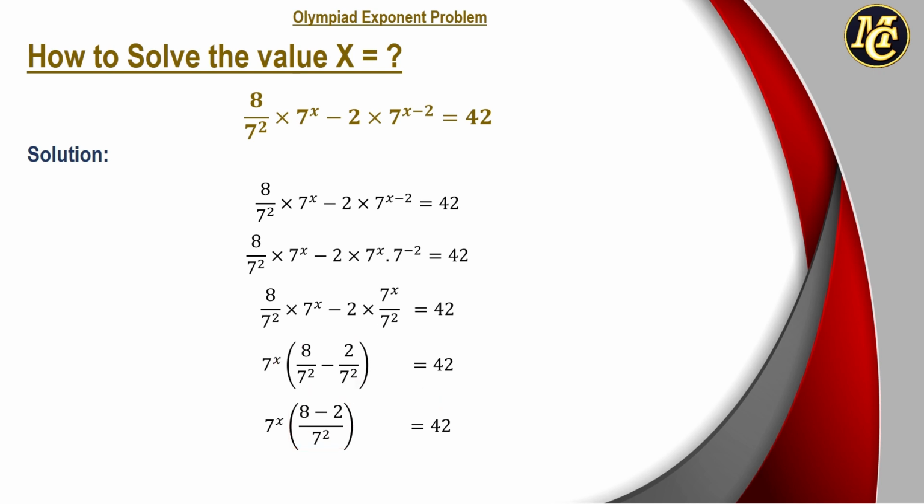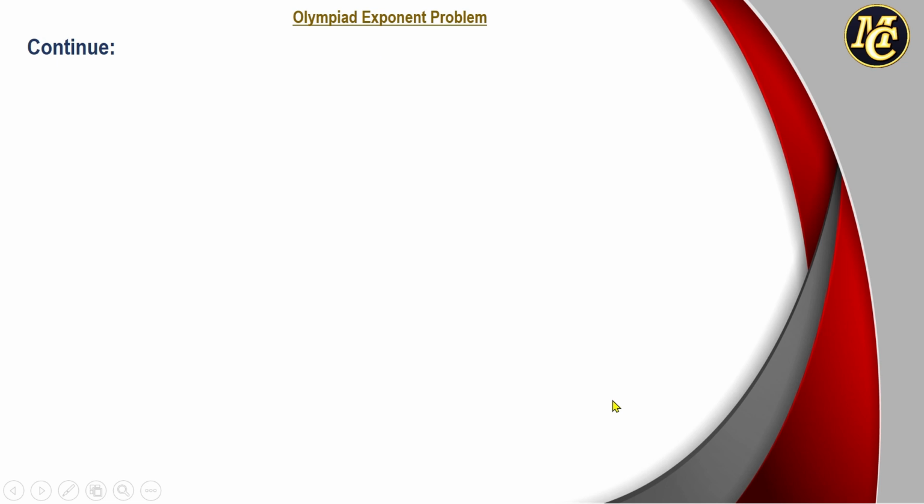We can simplify this further by combining the constants. (8−2)/7^2 × 7^x is equal to 42. Simplifying these constants, 7^x × 6/7^2 is equal to 42.